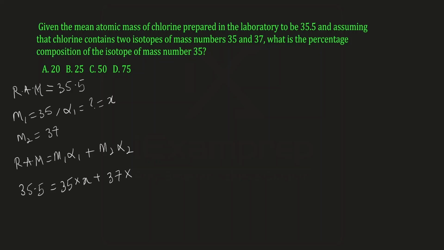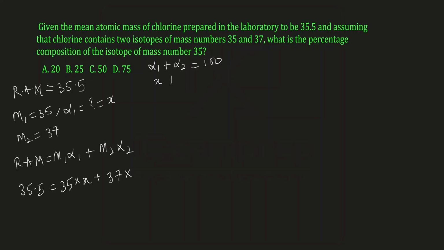But remember we said that the sum of the abundances of all the isotopes of an element, if expressed in percentage, must equal 100. So the abundance of the first one plus the abundance of the second one must give 100, since we have just two isotopes.